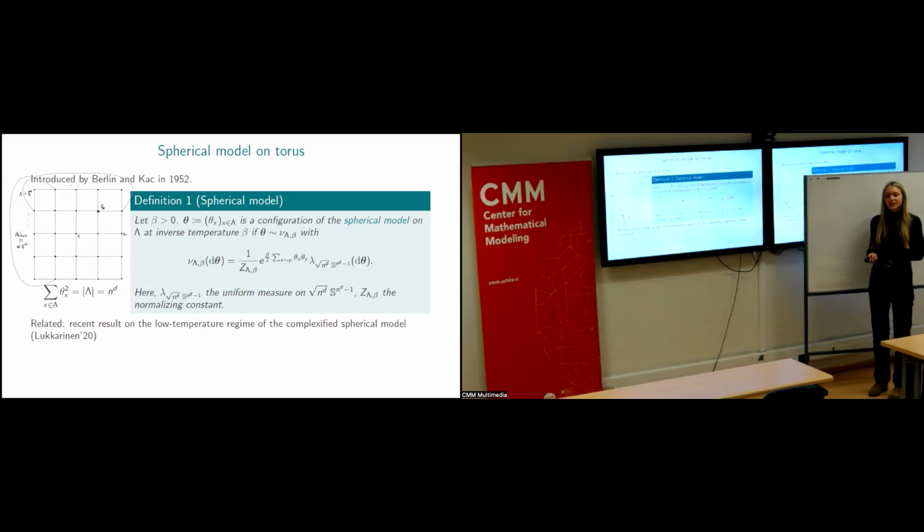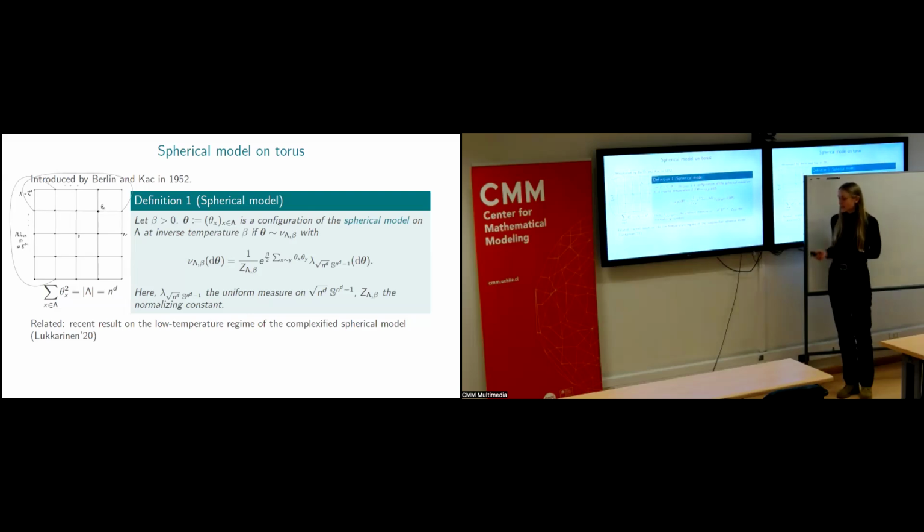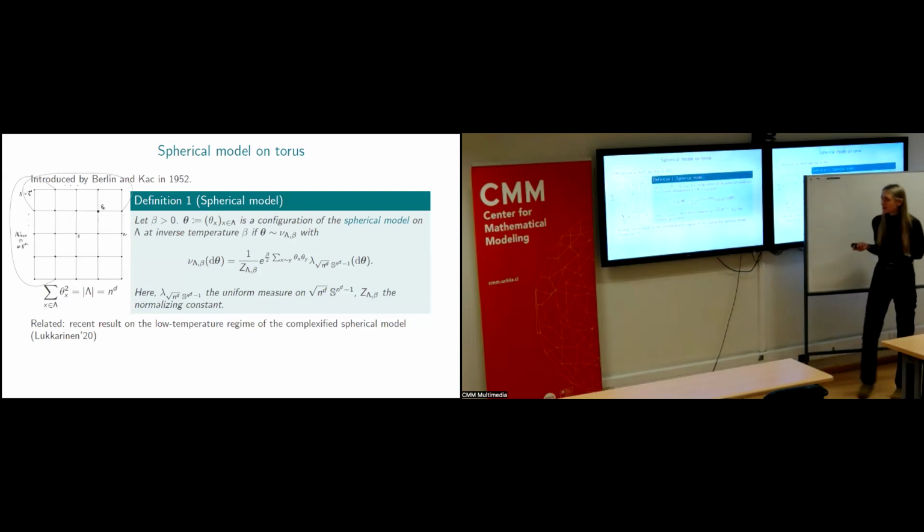He looks at the model in what we call the low temperature regime, the temperature where this drift term appears, which in physics represents something called Einstein-Bose condensation. So in this context, the author studies a complexified version of this.